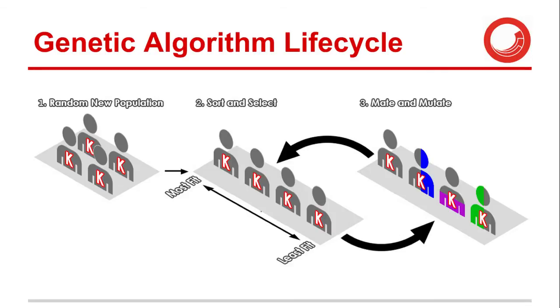Once it's mated and mutated, it comes back, it sorts and selects again, and then you have a new selection. This process of evolution takes place on every click. So when you click, it goes and evolves, it stores information, it evolves, and it sends you back a result.